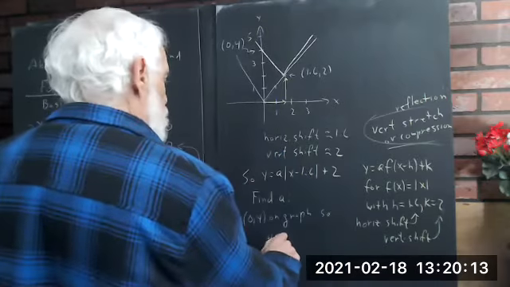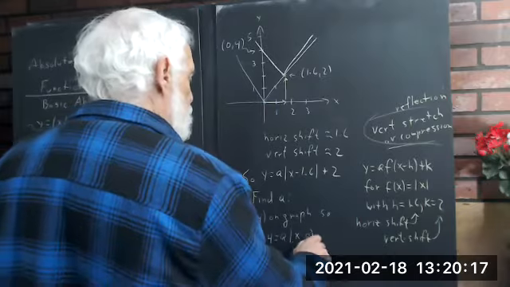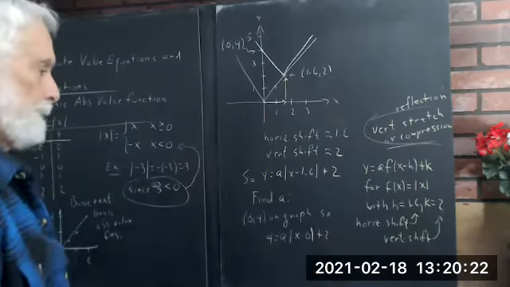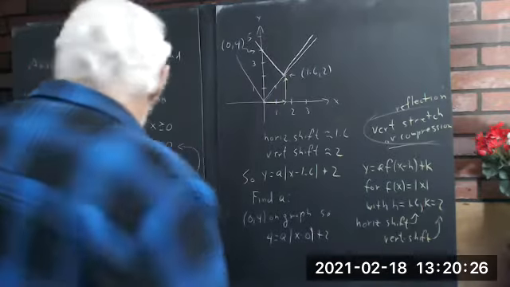So 4 should equal A times the absolute value of x minus 0 plus 2. And it's not x minus 0.